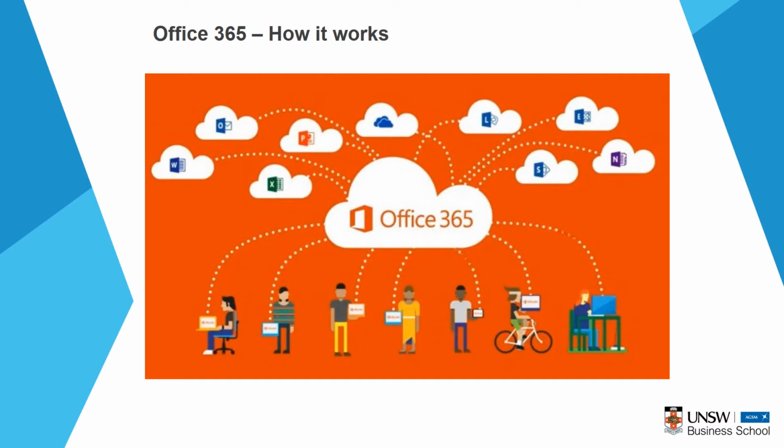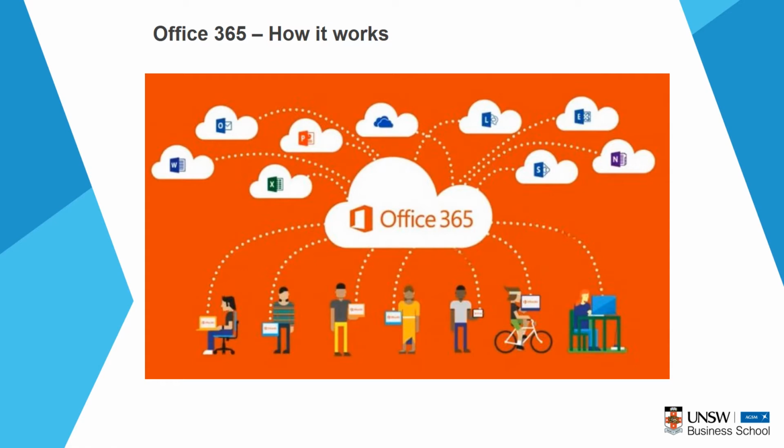Well, you're probably all used to having a copy of Word, Excel, PowerPoint, etc. sitting on your computer. The biggest difference with 365 is it's all cloud-based. And for those of you that have no idea what cloud means, and I know that's often the case, a practical example is that I might be working on my desktop creating a Word document.